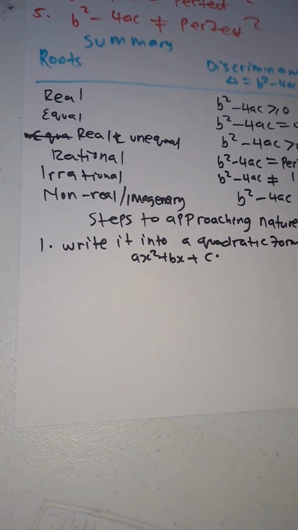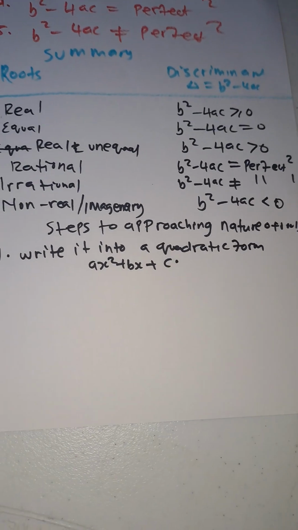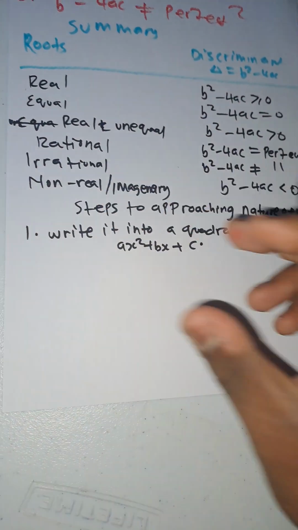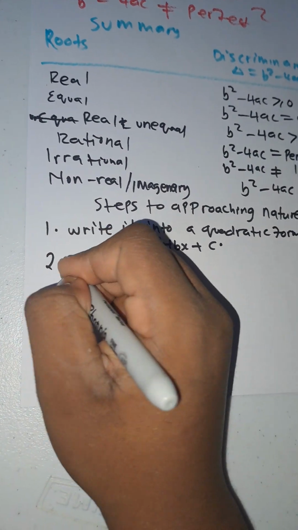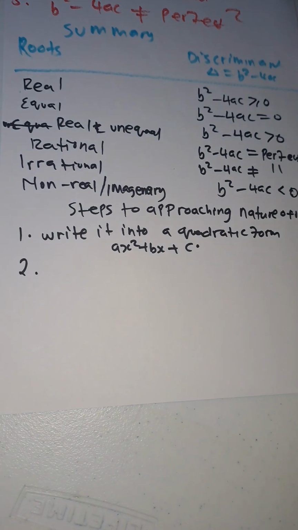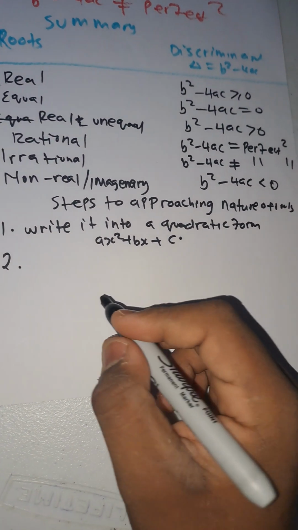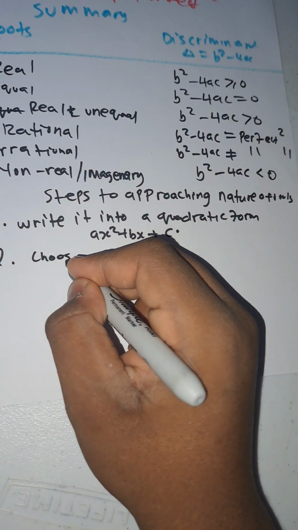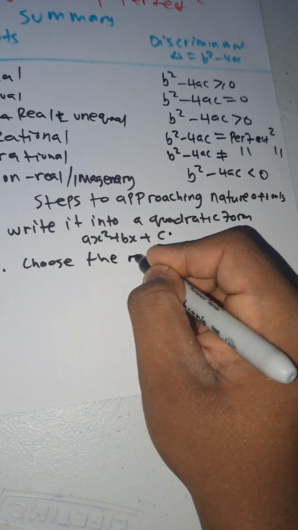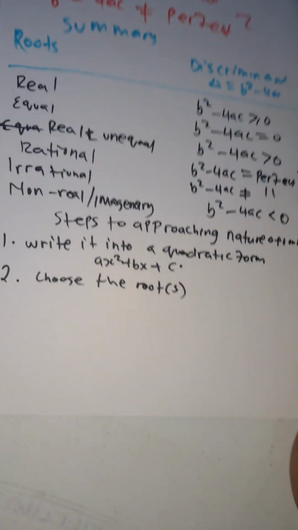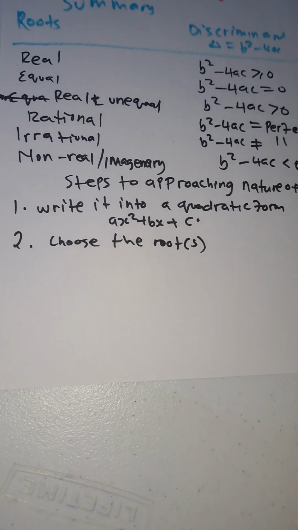The reason why I said write the polynomial, it is because they will give you terms that are more than 4. And then they will complicate things now. Then number 2, choose the roots from the table and the corresponding discriminant. So you're going to choose the roots from the table, and then to the corresponding discriminant.